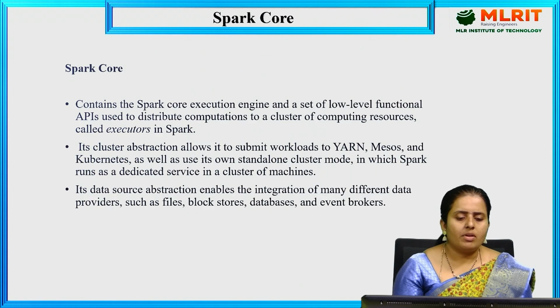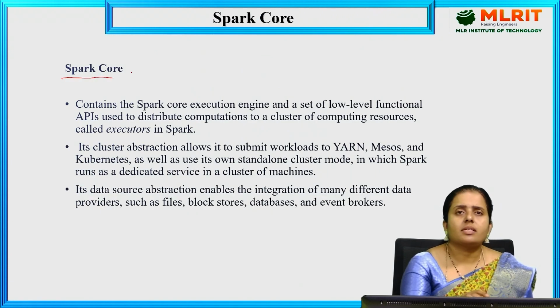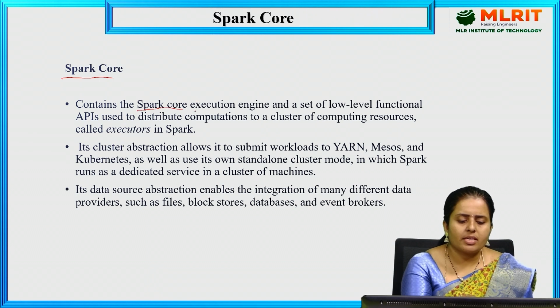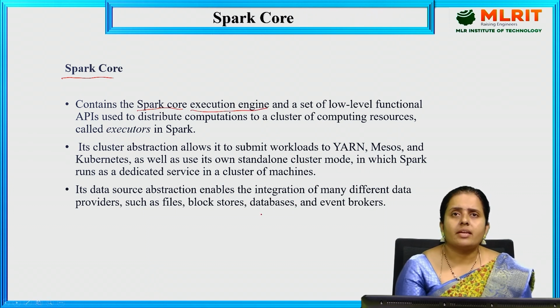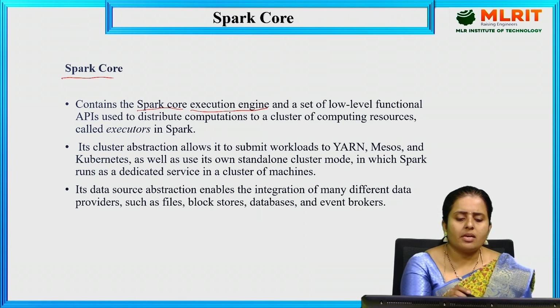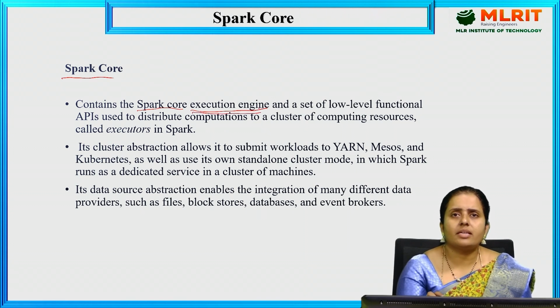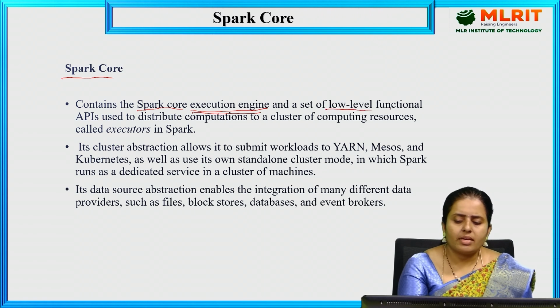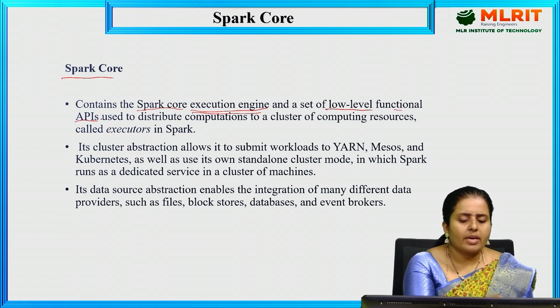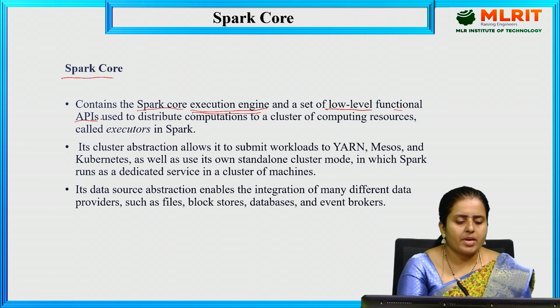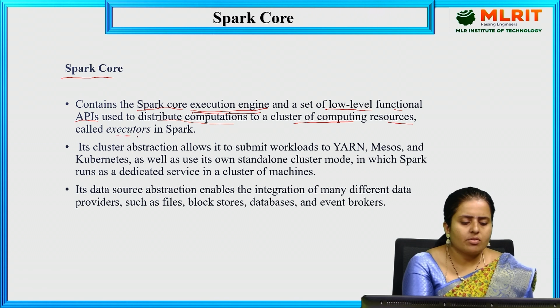Now we'll look into the first component, Spark Core. It contains the Spark core execution engine. It is the first layer in the Spark components and works as the execution engine, with a set of low level functional APIs used to distribute computations to a cluster of computing resources called executors in Spark.